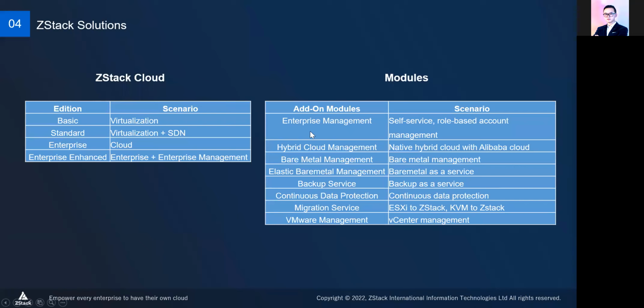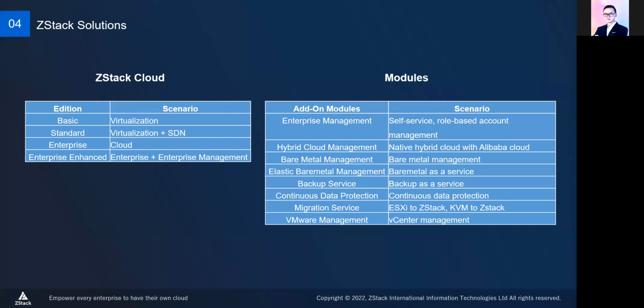For the first module, we call it enterprise management. It is a role-based tenant management module. In that module, you can do tenant management and also more dedicated billing. The second module we call hybrid cloud management.